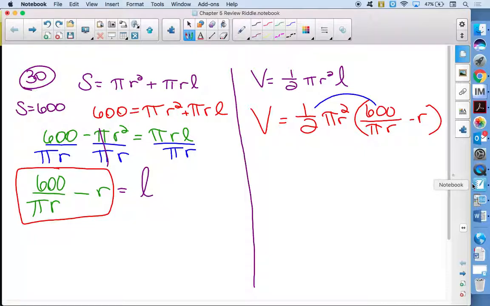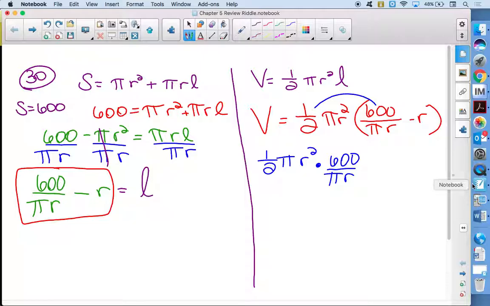Now I'm going to write it out first so that you can really see how I'm multiplying this. We have 1/2 pi r squared. I'm multiplying that, I'm going to put a little times here, with 600 divided by pi r. I'm just writing it like that so that you can see how it will reduce.